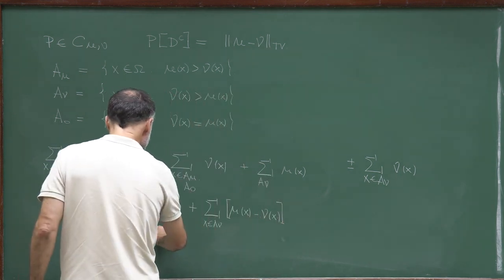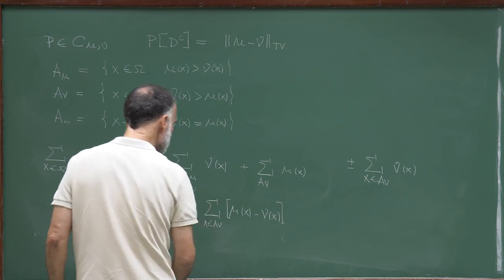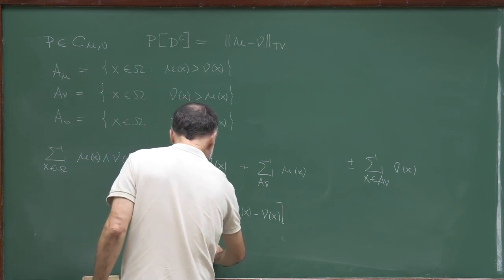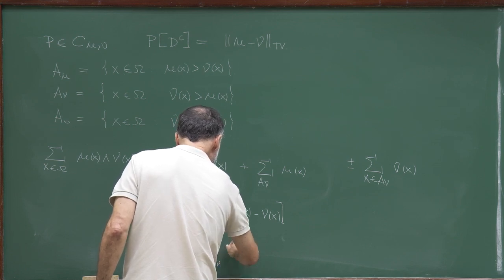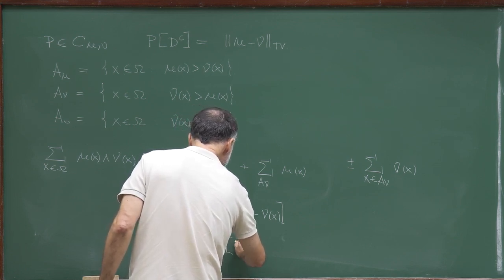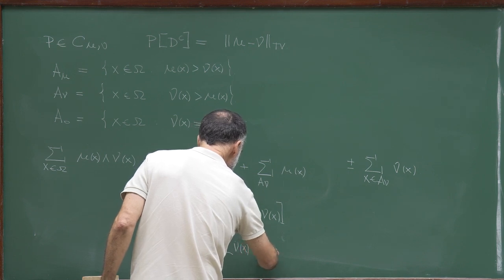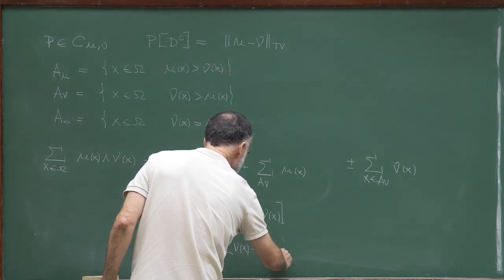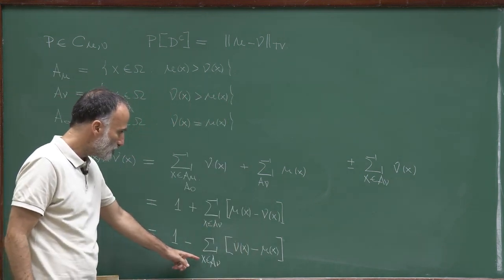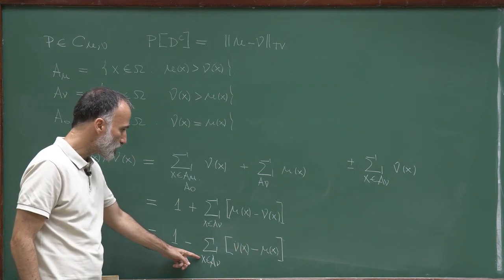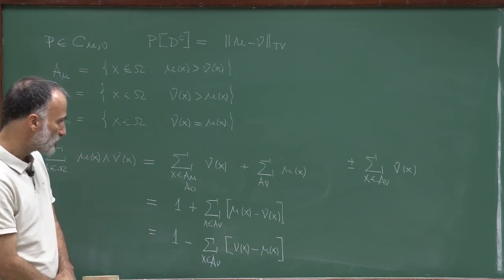And I can rewrite this as 1 minus the sum for x in A nu of mu x minus mu x. And we have seen in the previous lecture that this quantity here corresponds exactly to the total variation.